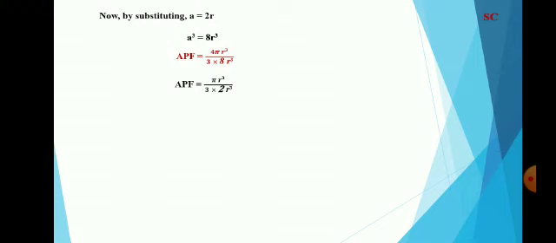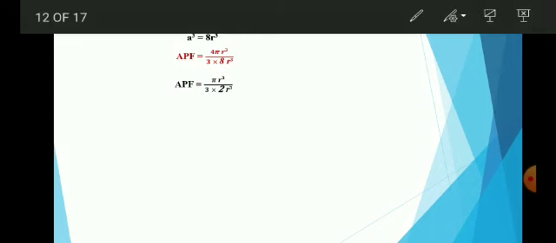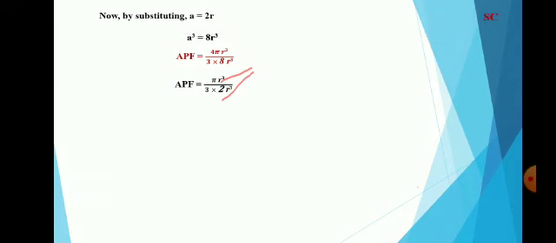Solving this, 4 into 8 divided by 4 is 2. So we get another equation: atomic packing factor is equal to pi r cube divided by 3r cube. The r cube gets cancelled. We get atomic packing factor is equal to pi upon 6.